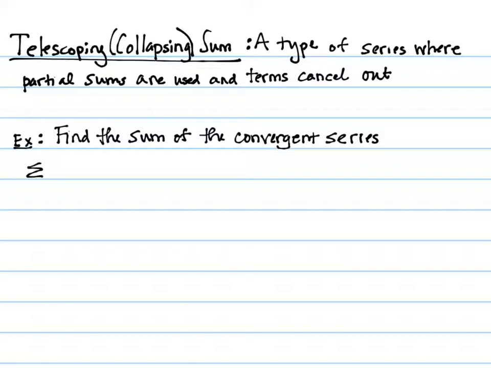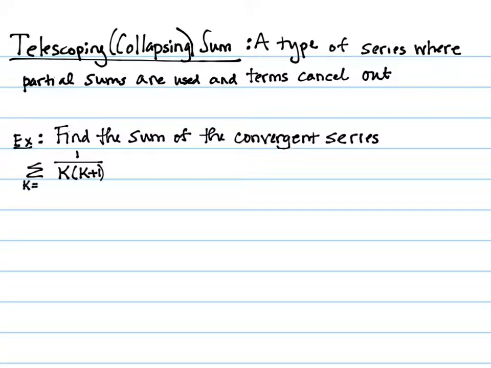With a telescoping series, what we end up having is what looks like a rational function. And there are two pieces in the denominator that are multiplied together that look very similar. So the one I'm going to use is the classic example, which is k and k plus 1. But it doesn't have to be k and k plus 1. It could have been k and k plus 3. So there's nothing special about it being k plus 1. This is just an example of one that would do this.